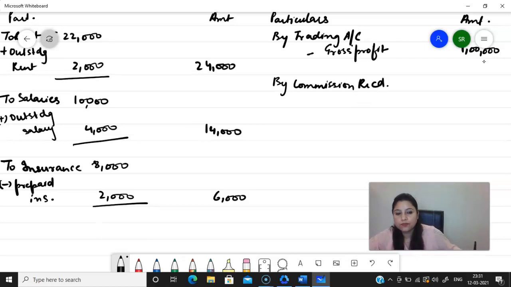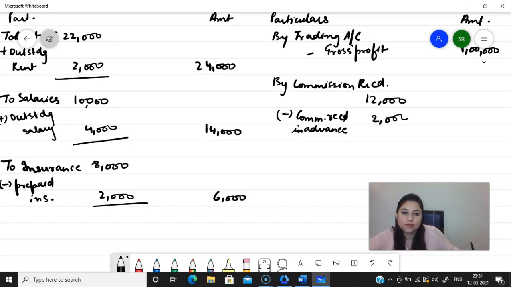So from the 12,000 we will be reducing the commission received in advance amounting to 2000. Thus the income that needs to be recorded in this particular year is 10,000 in terms of the commission that has been received.